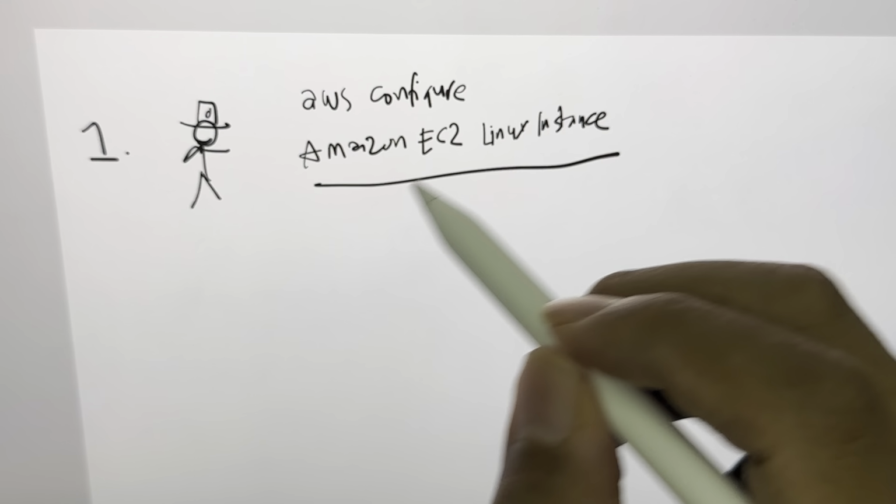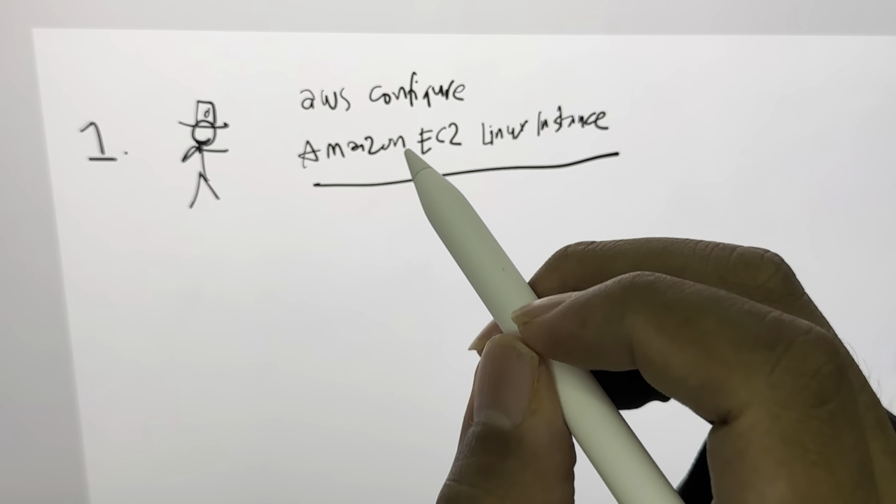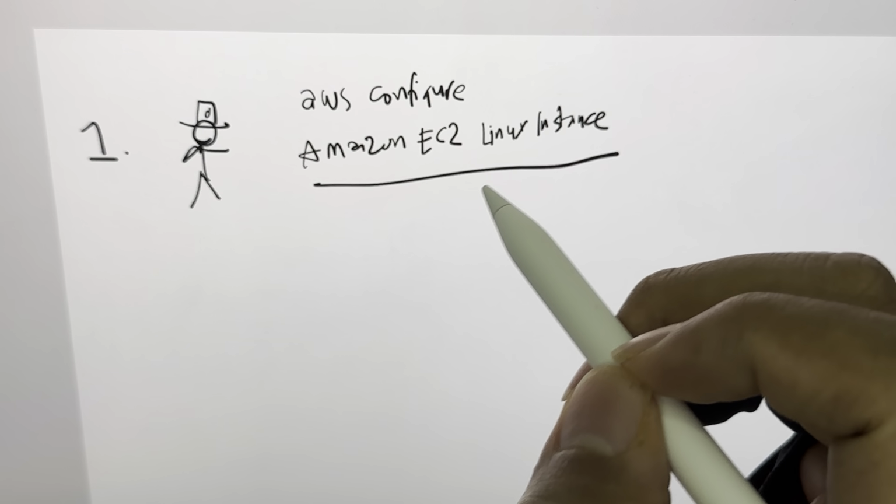Okay. Let's run an AWS configure on an Amazon EC2 Linux instance.